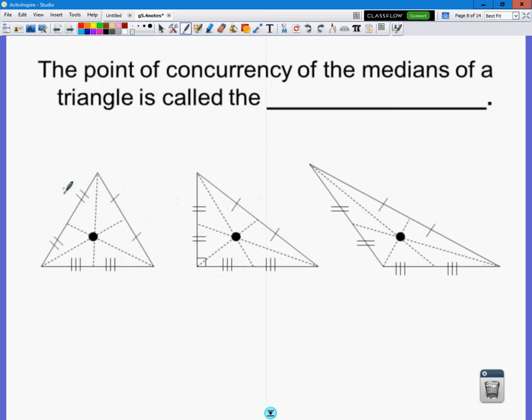And they're going to meet at a particular point. And the point of concurrency of medians of a triangle is called a centroid. And I don't know if I talked about this yesterday in this class, but if I did, I misspoke. I said the in-center was a balancing point, but a centroid is actually the balancing point.